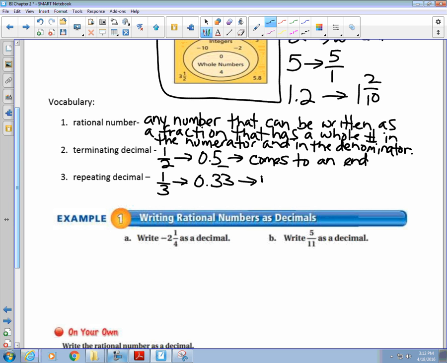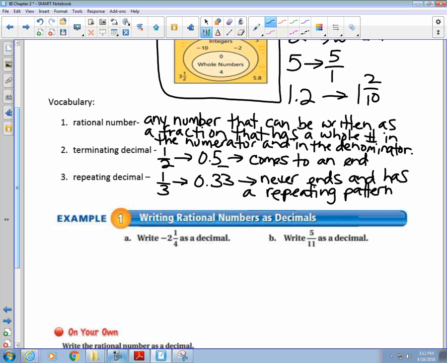So what it does is it never ends, and it has a repeating pattern. And we've talked about these types of decimals before, but we're just reviewing that as it pertains to rational numbers.